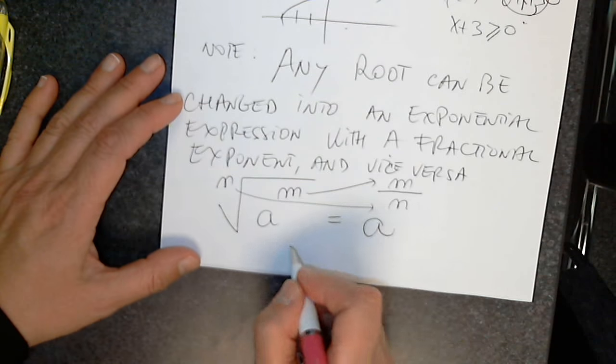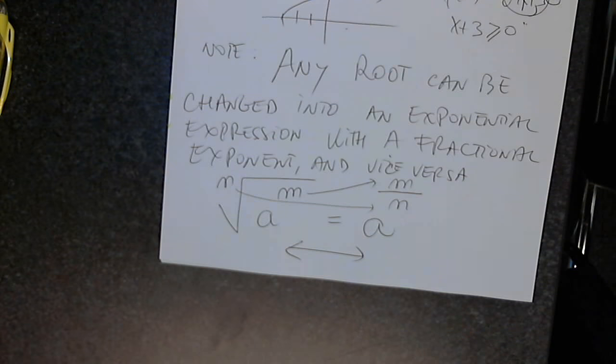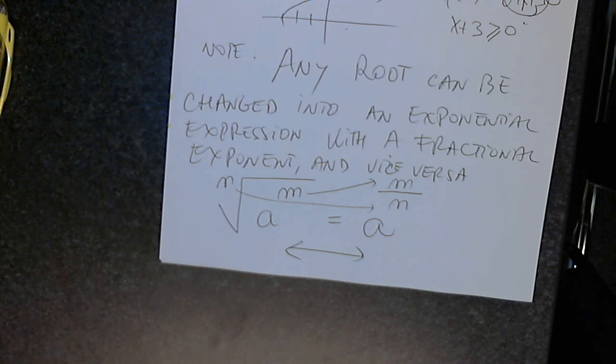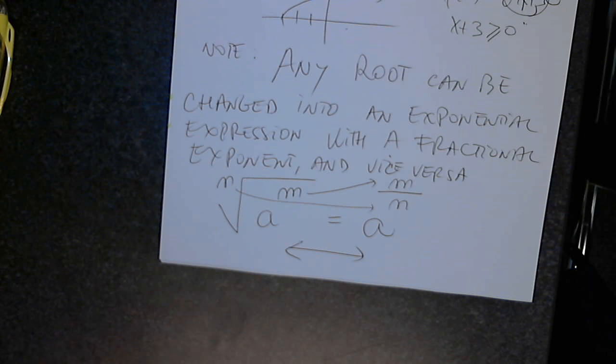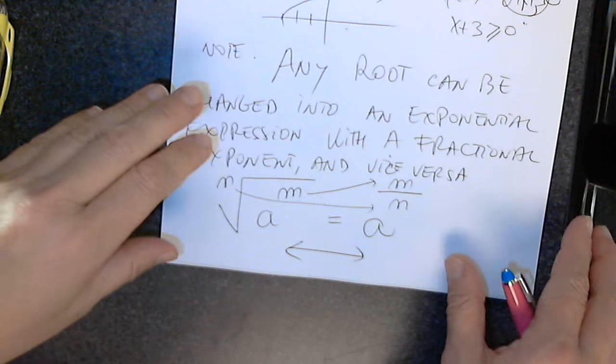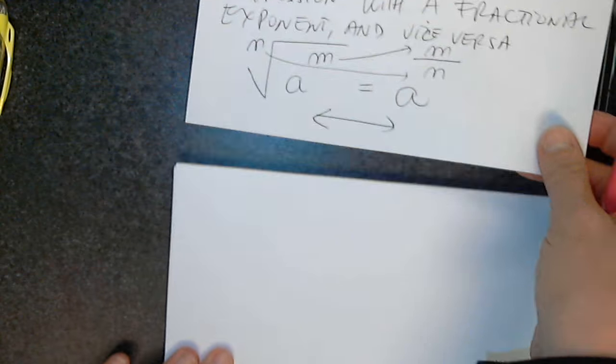And any exponential notation that has an exponent that is a fraction represents a root. If the exponent is 5, that's not a root. If the exponent is 2/3, that is a root. So let's go back and forth with this notation now for a moment.